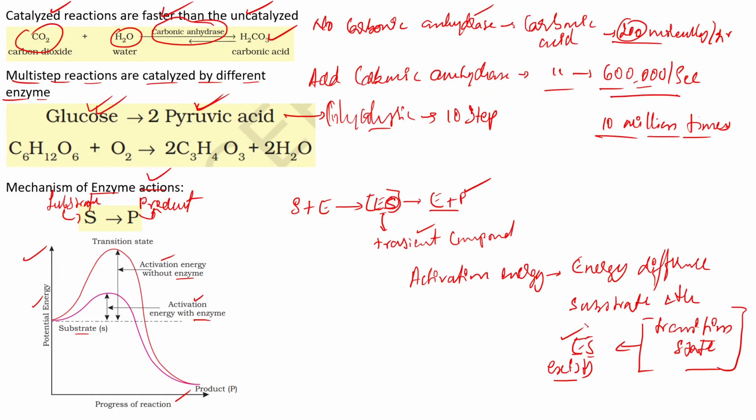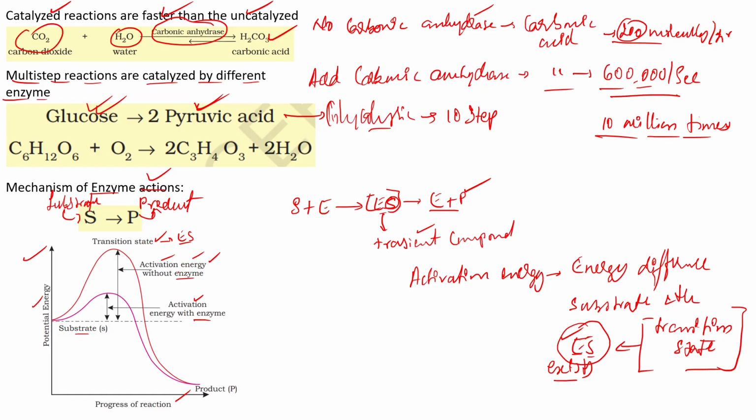To achieve this particular state, you can see that they have given the arrow mark over here. From substrate to the transition state, it is the state at which the enzyme substrate complex exists. To achieve the transition state, energy is required, and this energy difference is called the activation energy.